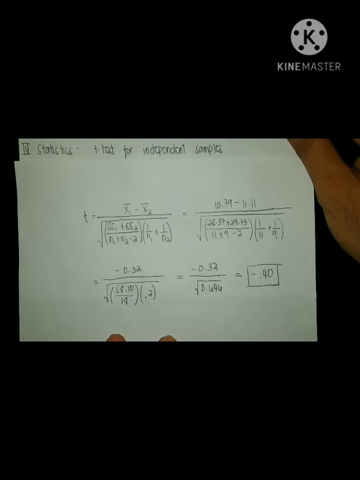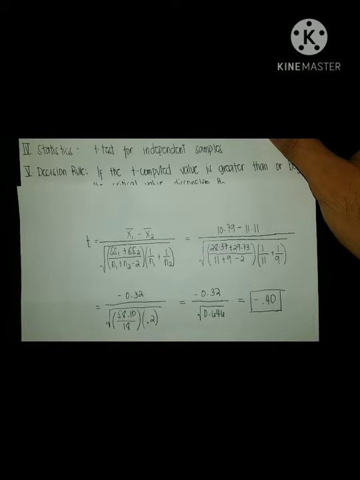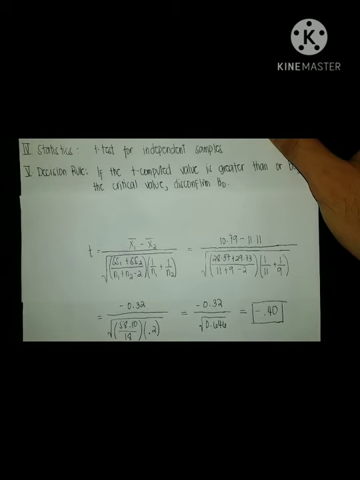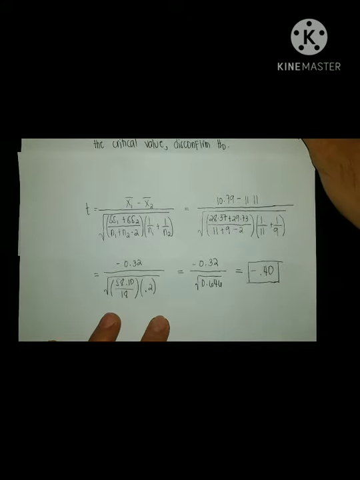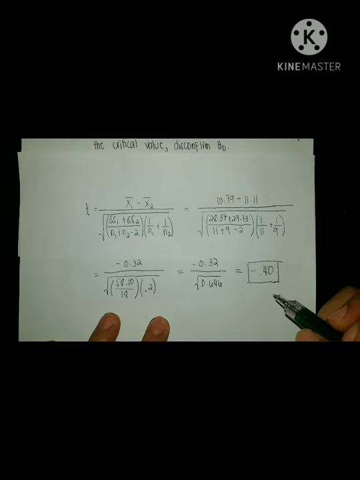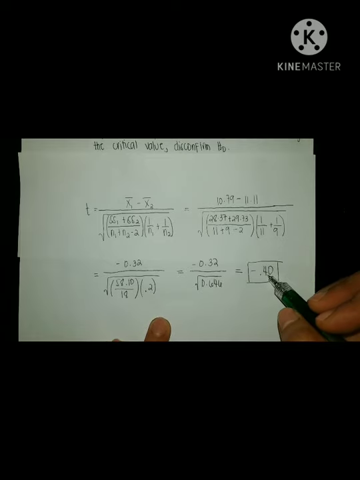After solving for the t-test, then we are now ready for our decision rule. So for our rule, if the t computed value is greater than or beyond the critical value, this rejects H0. In this case, on our example, the computed value is negative 0.40.